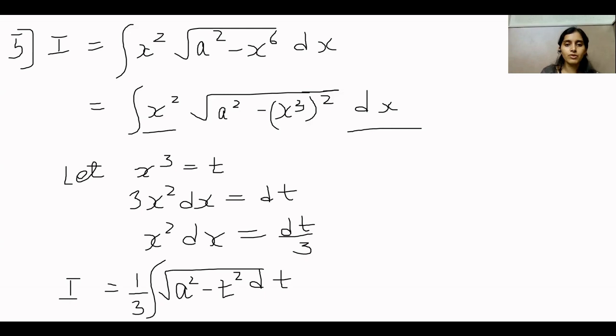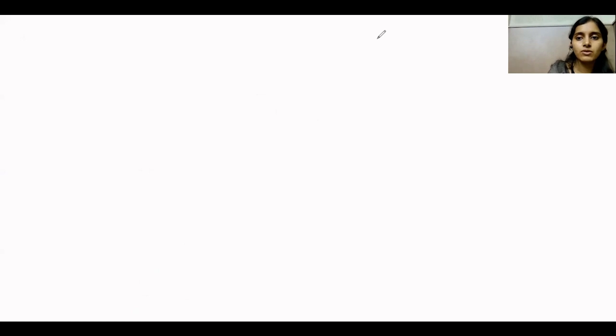Now this is the simplified form where I can use the formula. So I'm going to write down the formula for you so that it's a quick reference. What is the formula that we are using?